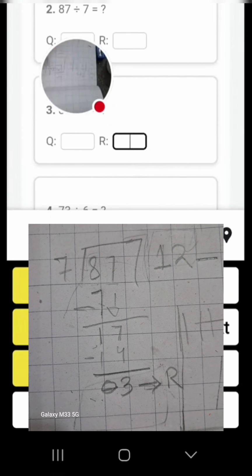So you will count the table of 7. Very good. Now what will you do? Subtraction. 7 minus 4. 7 5s. This is called quotient 12, and this is a remainder 3. How will you do?